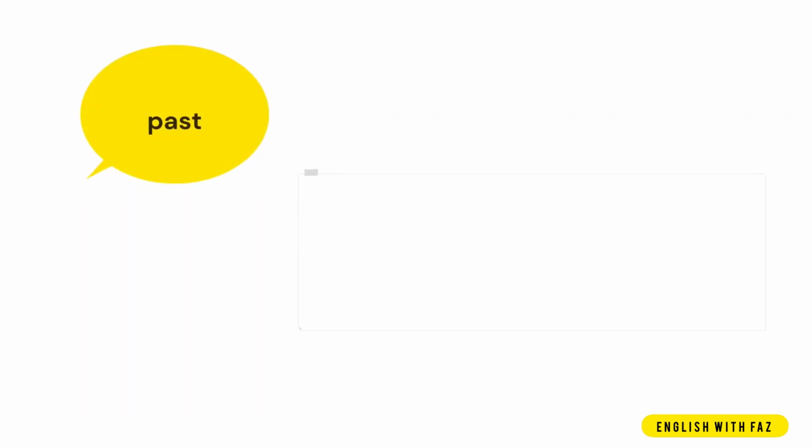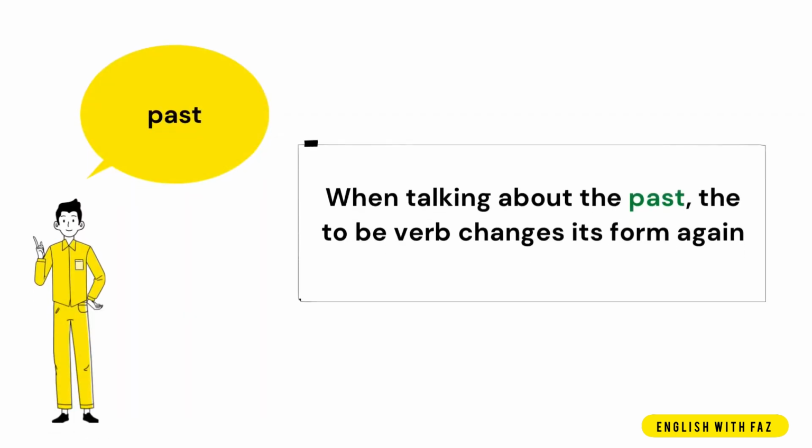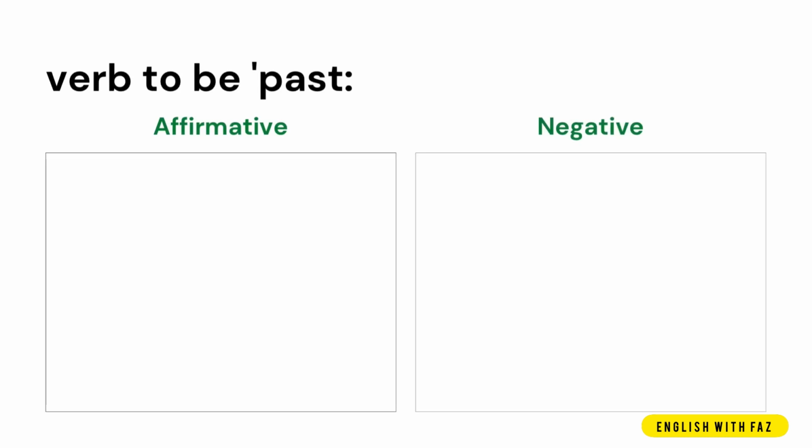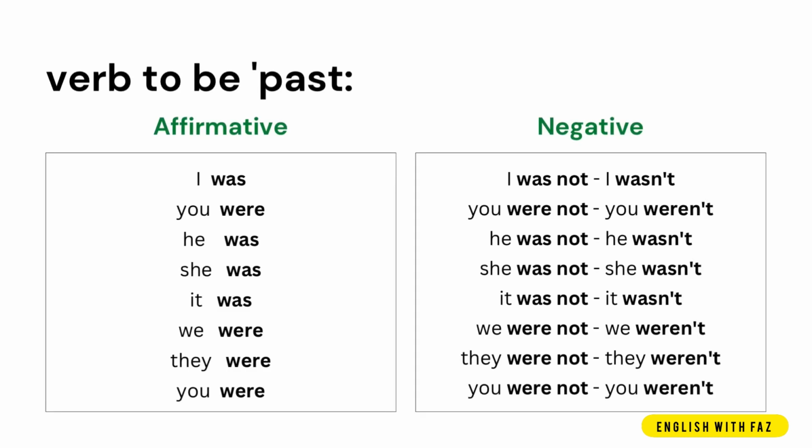Now let's see the past form. When talking about the past, the to be verb changes its form again. Here's how the verb to be looks in the past. In the affirmative, we say, I was, you were, he was, she was, it was, we were, they were, you were.